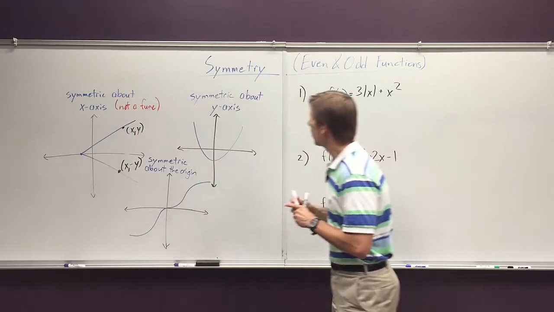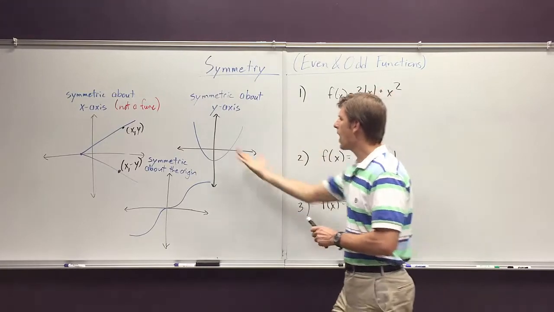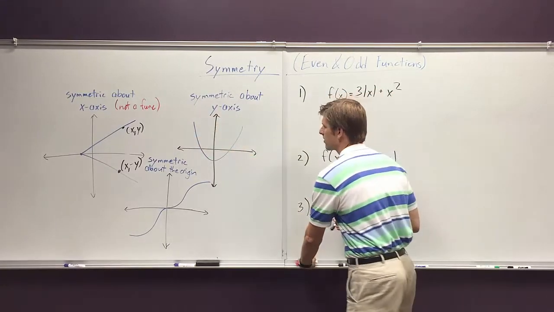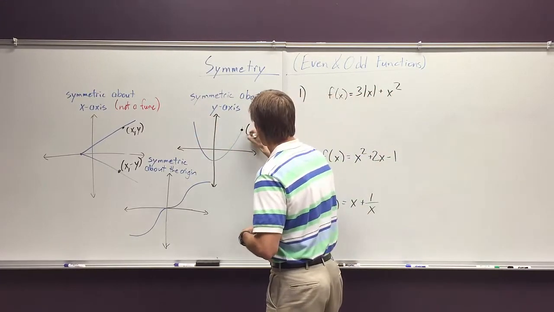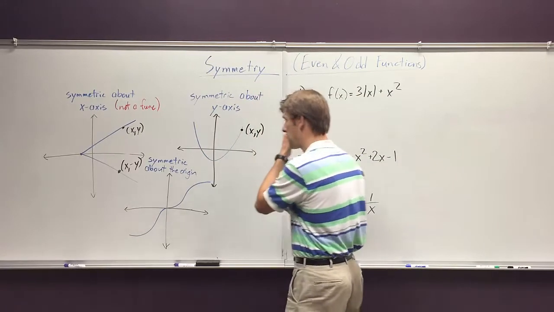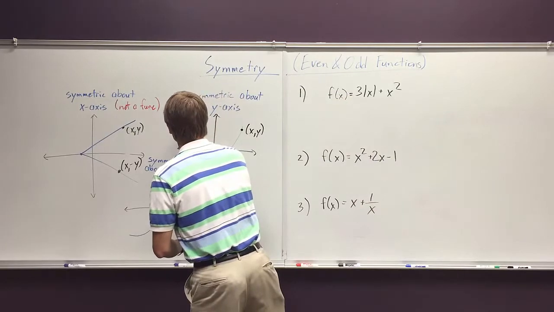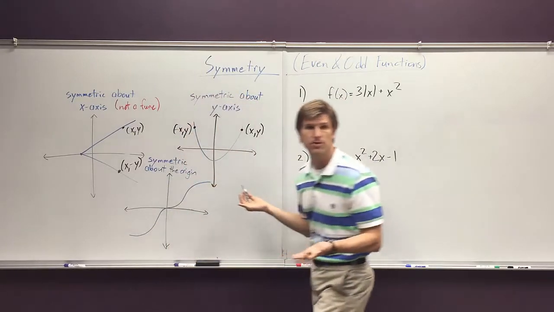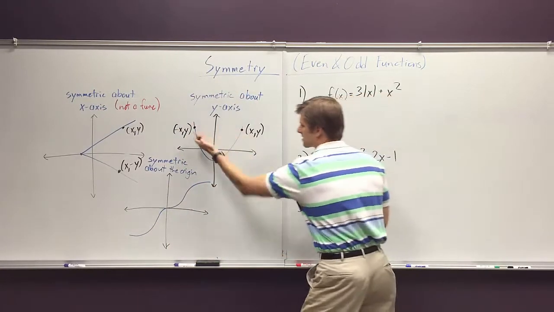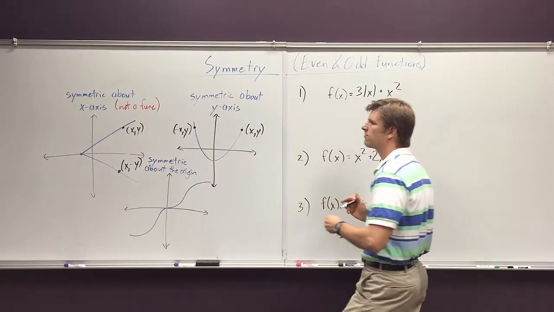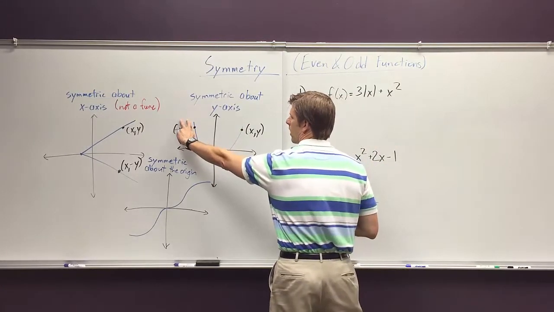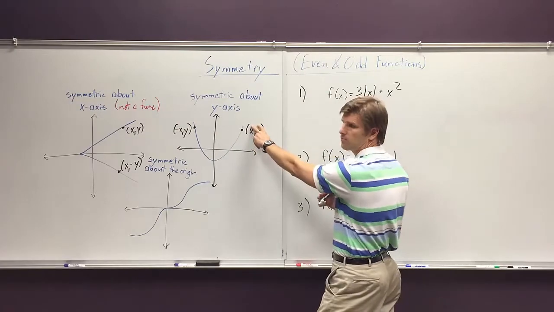Okay? Well, symmetry about the y-axis. Notice here, if a point (x, y) is on the graph, then the point (-x, y) must be on the graph. Well, that seems pretty natural. In fact, if this were your point (x, y), can you see that negative x would then be a positive number?